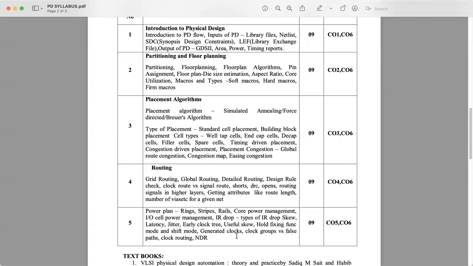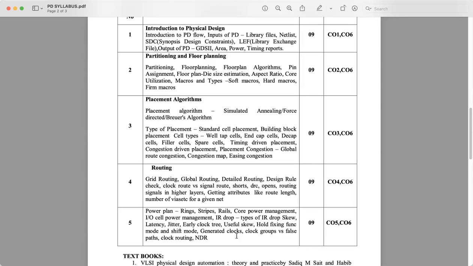In the introduction, we're going to see the PD flow, the physical design flow. What are the inputs that you're going to give to PD? It can be library files, the netlist, the design constraint files, or LEF, library exchange files, and the output of PD in the form of GDS2.